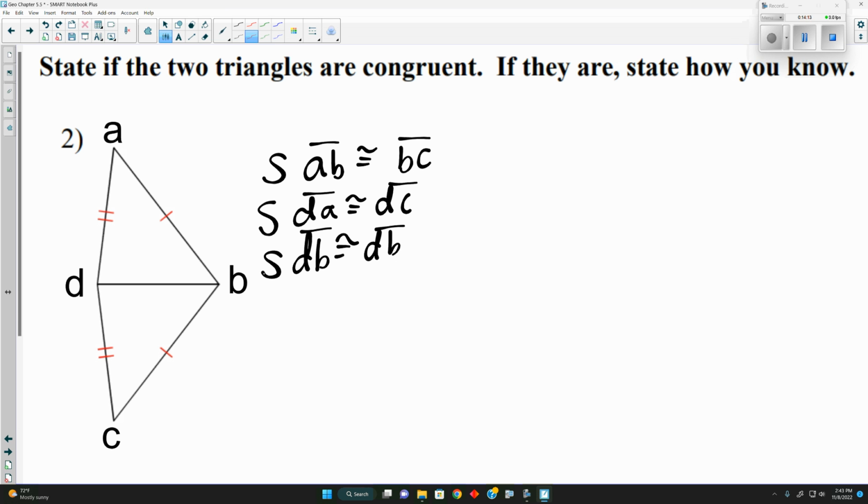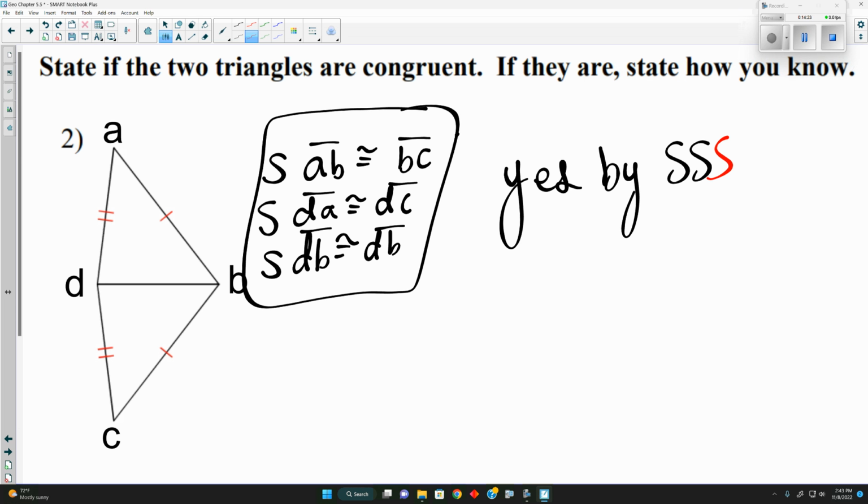So can we say that the two triangles are congruent? By side, side, side. And our explanation is both of these here. Because we do have three sets of congruent sides, so we can say the two triangles are congruent by side, side, side.